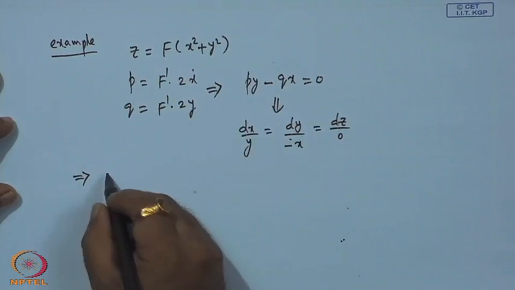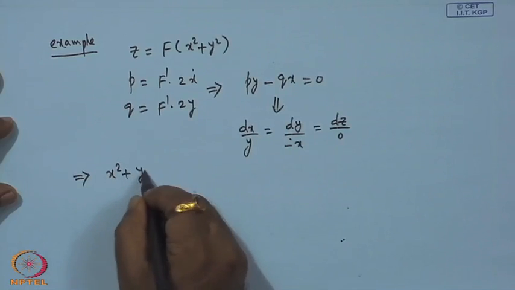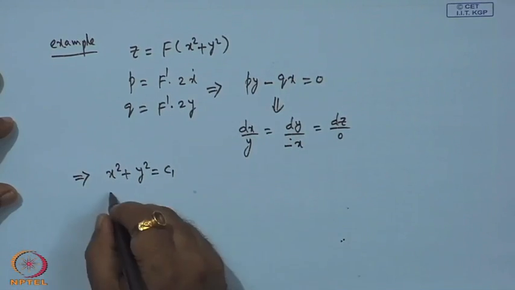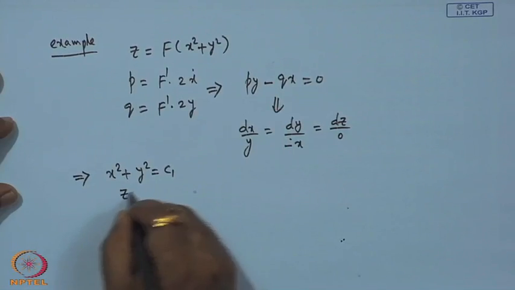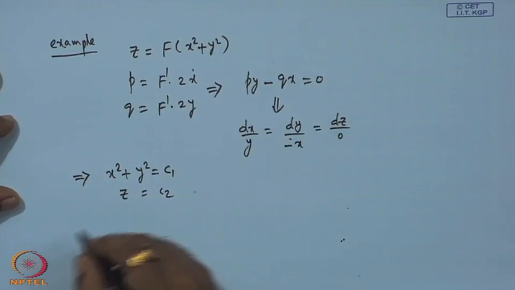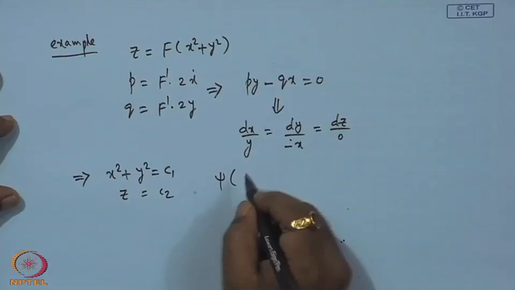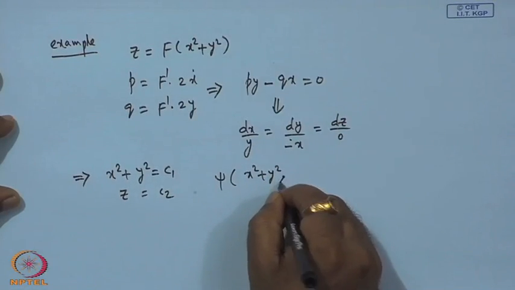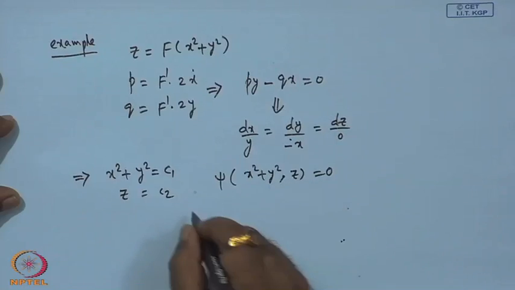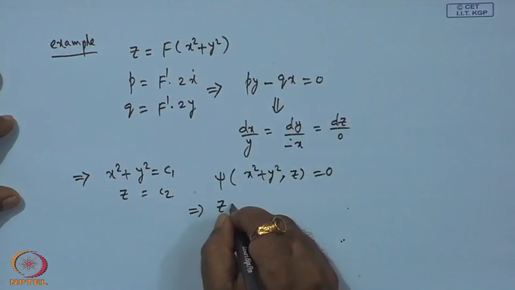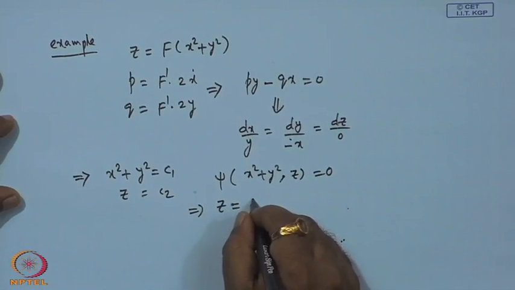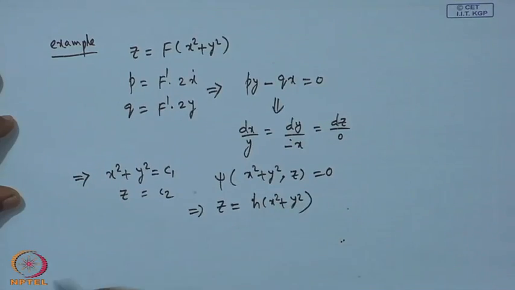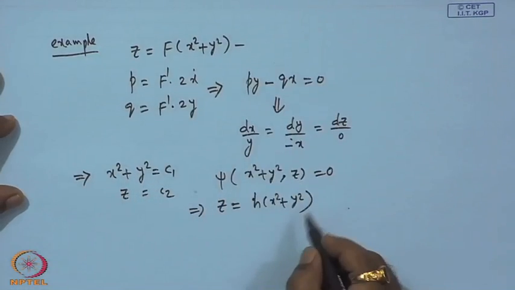So, from these two we get x square plus y square equals C 1, and from these we get z equals to C 2. So, therefore, the function is which is this one. Okay.